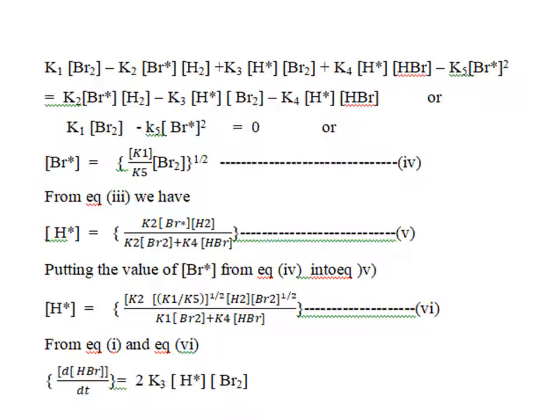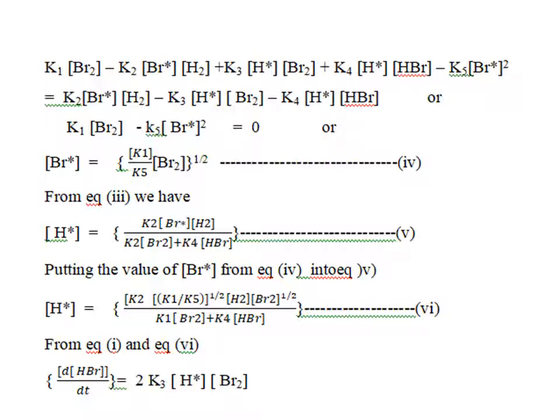Now from equation 1 and equation 6, we can write dHBr over dt, that is rate of reaction, that is equal to 2 K3 into H star concentration into Br2.